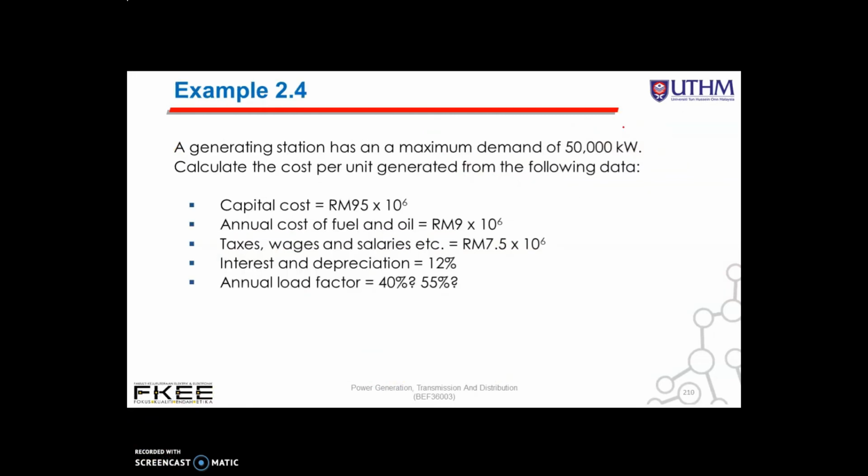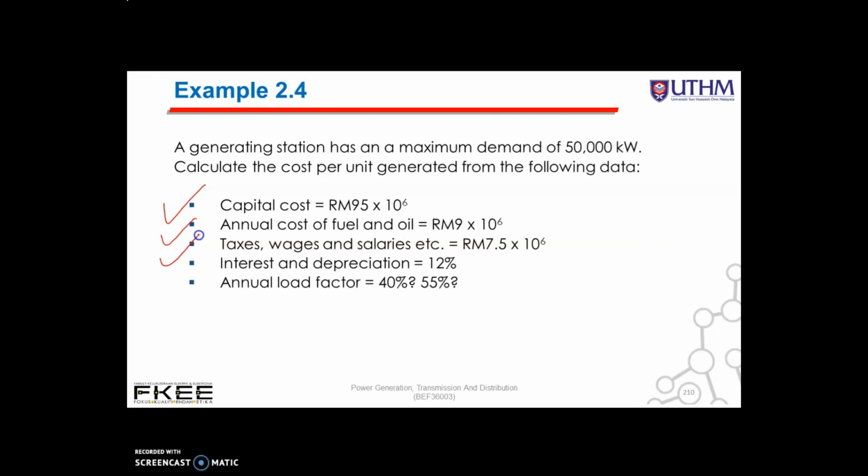Okay, next we look at example 2.4. A generating station has a maximum demand of 50,000 kilowatt. Then calculate the cost per unit generated from the following data. First, the capital cost is RM95 times 10 to the power of 6. The second one is the annual cost of fuel and oil, RM9 times 10 to the power of 6.